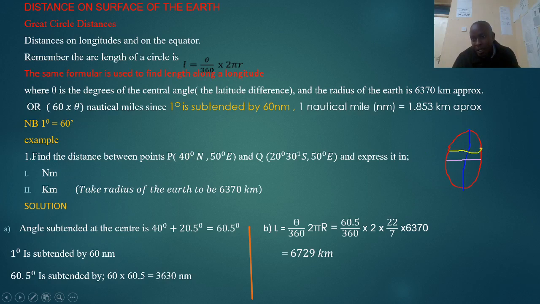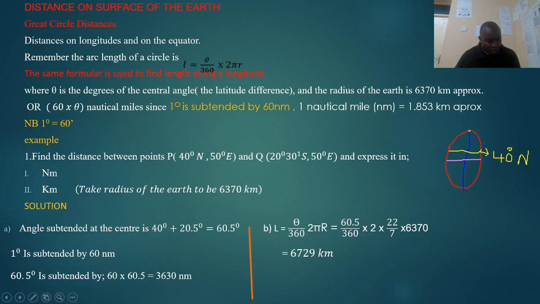You need to think mathematically where you can locate that, and then we label it 40 degrees north. And you also have another point, 50 degrees east. The east is towards this side.